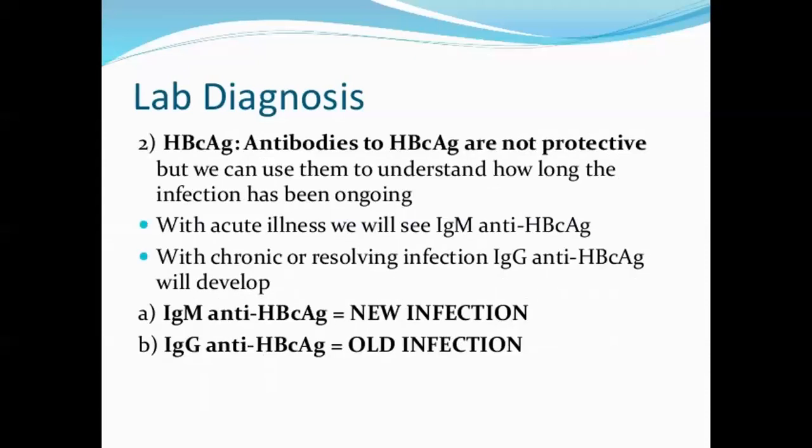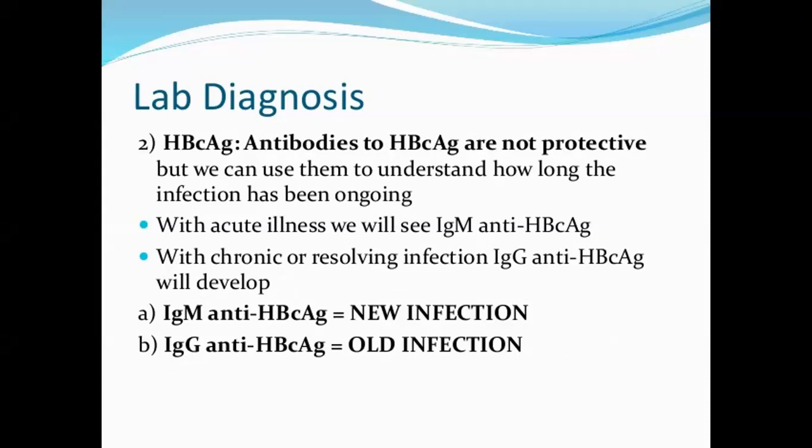What happens with hepatitis core antigen? Antibodies to hepatitis core antigen are not protective, but we can use them to understand how long the infection has been ongoing. With acute illness, we will see immunoglobulin M anti-hepatitis B core antigen, and with chronic or resolving infection, immunoglobulin G anti-hepatitis B core antigen will develop.